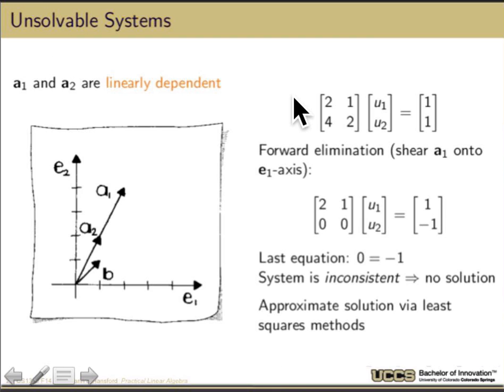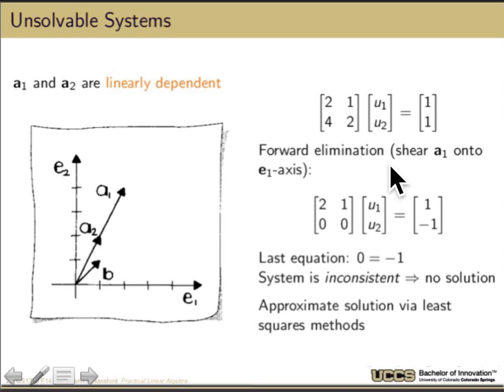Okay, so now we've talked about the basics of Gaussian elimination. We have to talk a little bit about what happens when things go bad. When they go really bad and we can't pivot, it's possible to have a system that looks like this. In this case, A1 and A2 are linearly dependent. So we have something like 4, 2, 1, 2, U1 equals 1, 0.